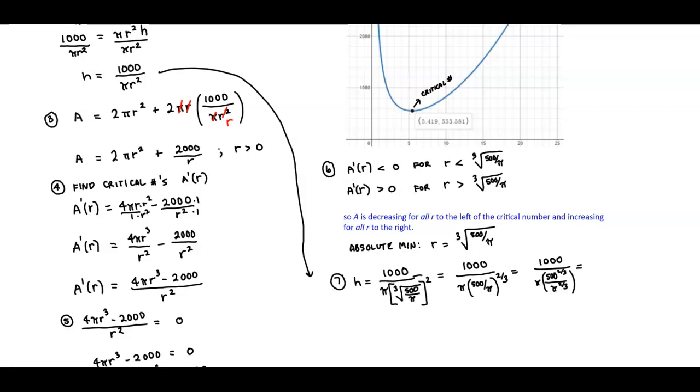So we end up getting pi to the 2/3 in the numerator times 1,000 over pi times 500 to the 2/3 power.